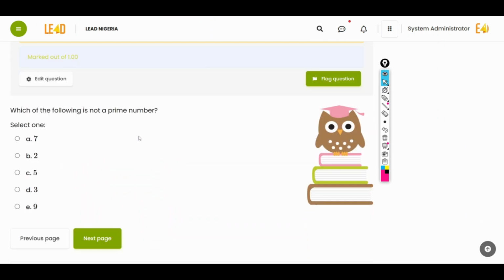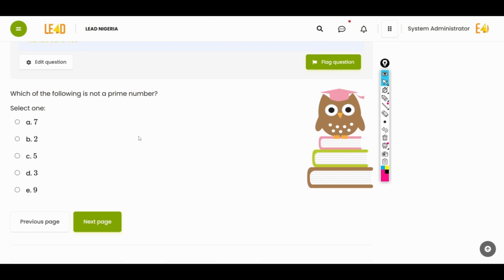All right, 110. Which of the following is not a prime number? A prime number is a number that can be divided by only 1 and itself. It has no other factors.